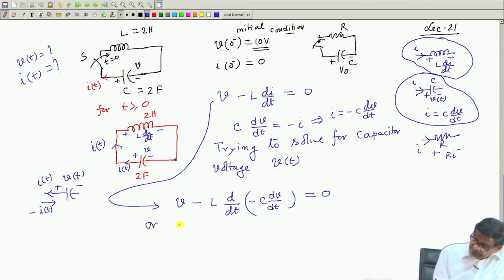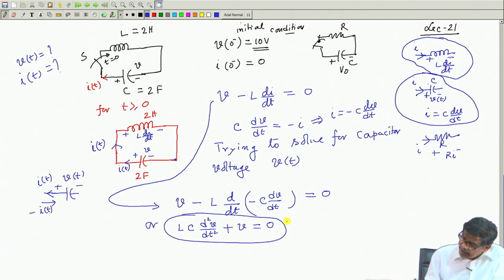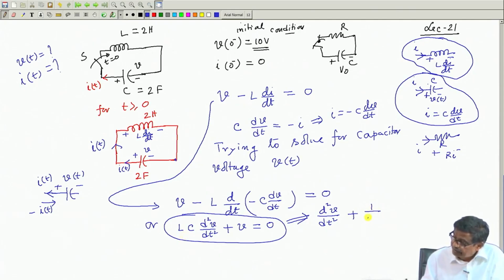So, this equation is nothing but LC d2v/dt2 plus v is equal to 0. I have learned how to solve this differential equation. I will make the coefficient of the highest derivative term, d2v/dt2, equal to 1. So, divide by LC on both sides: d2v/dt2 plus 1 by LC into v is equal to 0.